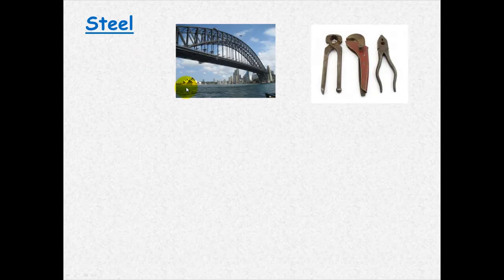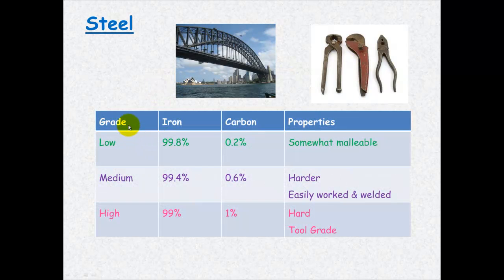Steel is one of the most well-known interstitial alloys. It's used for bridges, it's used for tools, and it's been around for ages. You can have different grades of steel depending on what you're wanting to use the steel for. Low-grade steel has a small proportion of carbon in it, and this makes it somewhat malleable.